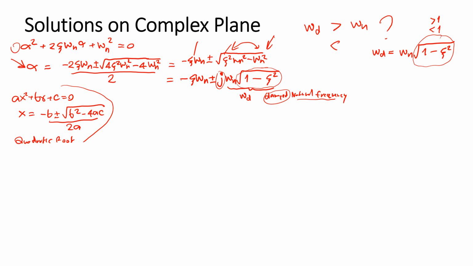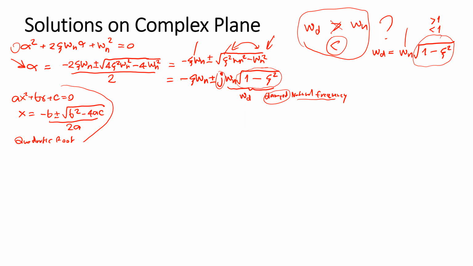So when it multiplies omega n, most of the time omega d will be less than omega n.